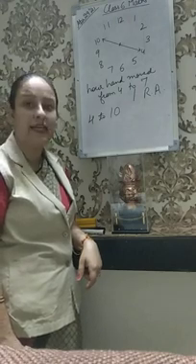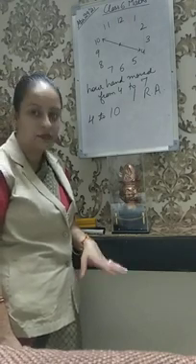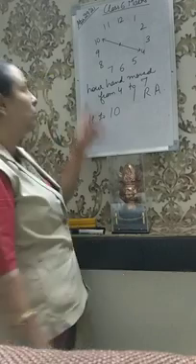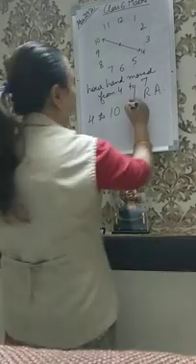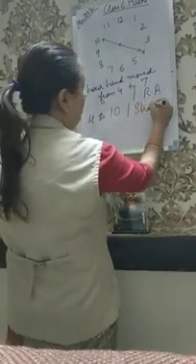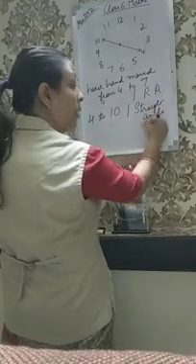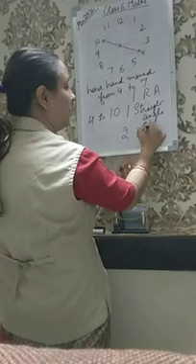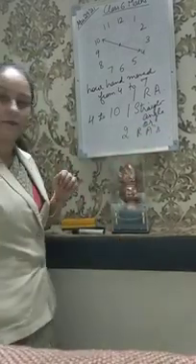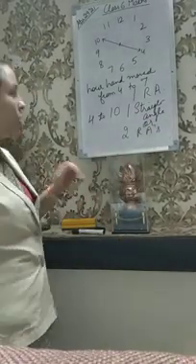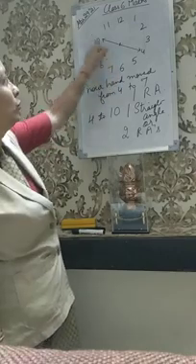Is it forming a straight angle? Yes, it is forming a straight angle, na? So what will be the angle? One straight angle or two right angles from 4 to 10.